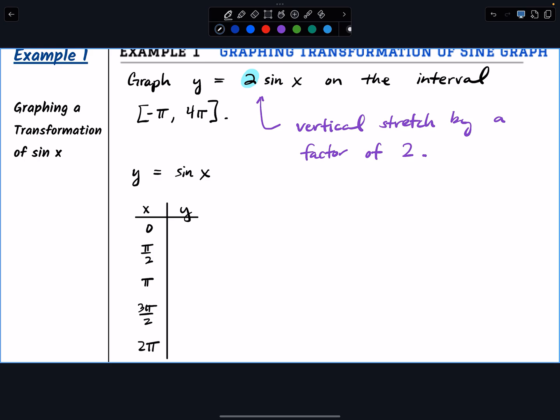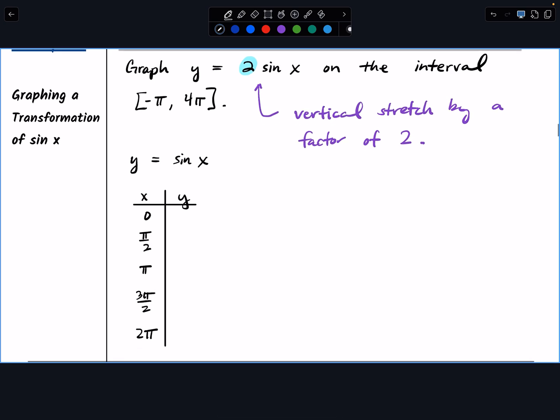What were the y values? 0, 1, 0, -1, and 0. And what will help you understand the y's is just know that the sine graph looks like this. 0, 1, 0, -1, 0.